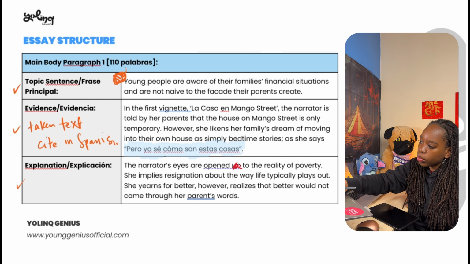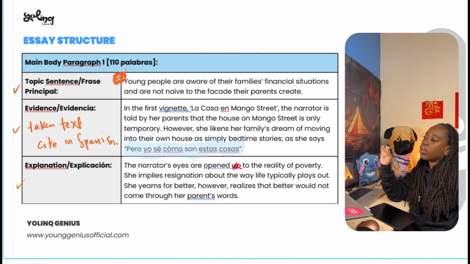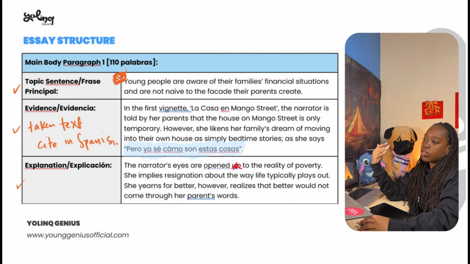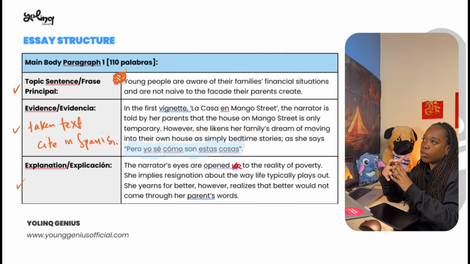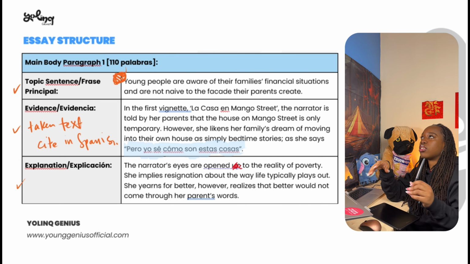Anyways, so that's how you want to approach your main body paragraph. And you want to do this for any other points that you have. So I think the next point that I would talk about would be racism. The point I used was Cassie's family moving out of Mango Street because people like Esperanza were moving in. Yeah, that's kind of shady.